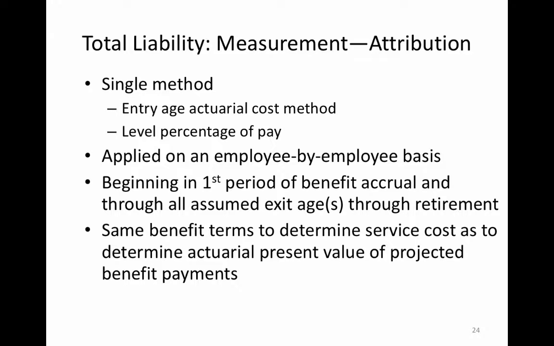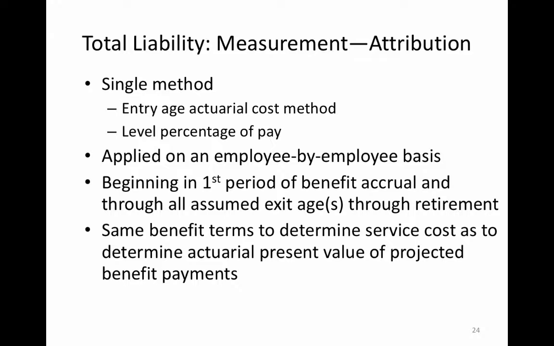Now, once the discounting has been completed to the actuarial present value, that amount is then allocated using a cost allocation method to past periods and future periods. It used to be that governments could use one of 6 different methods that could be applied in one of 2 different ways.